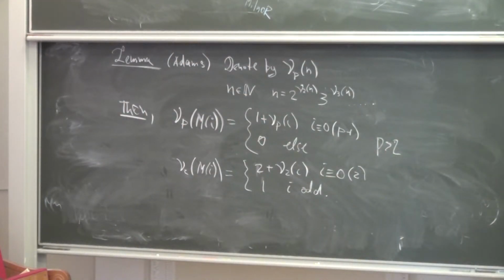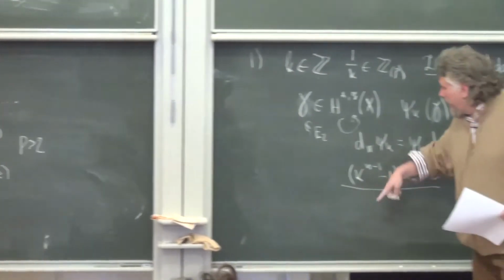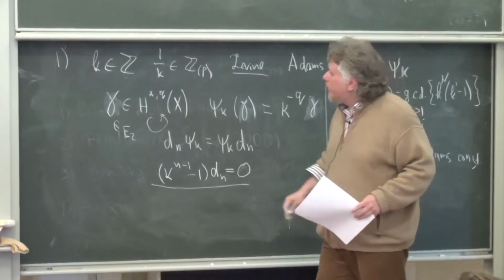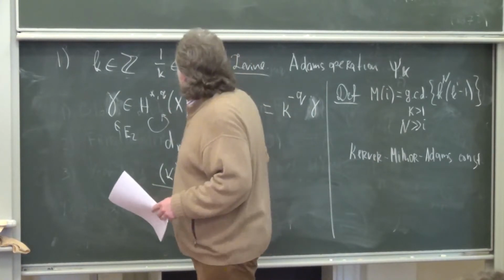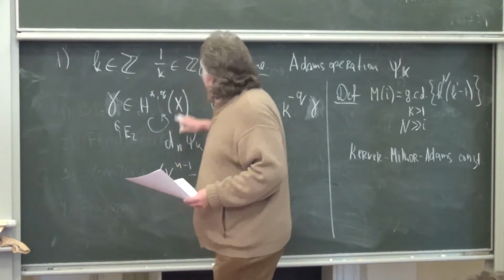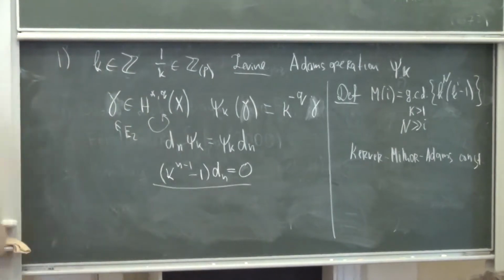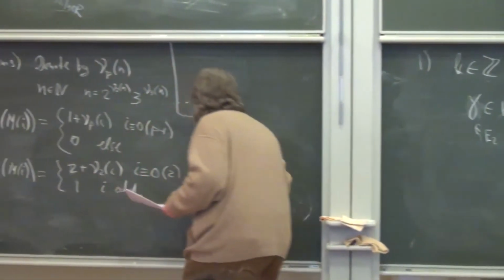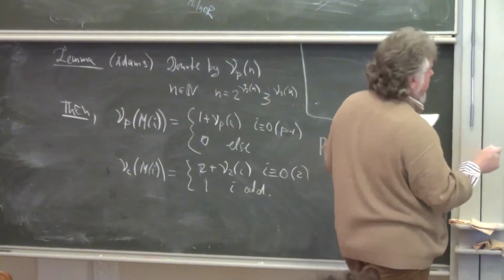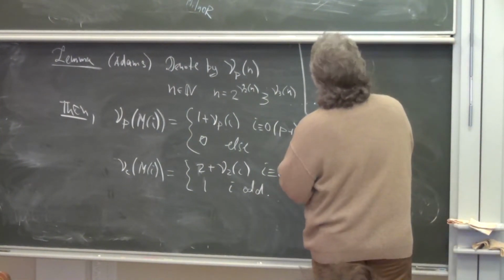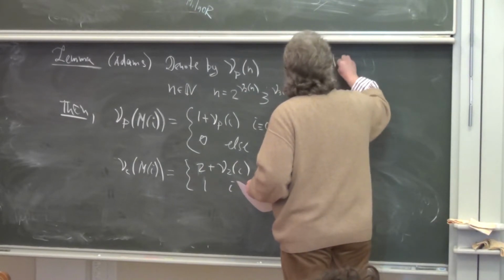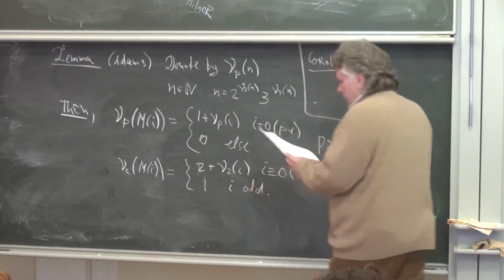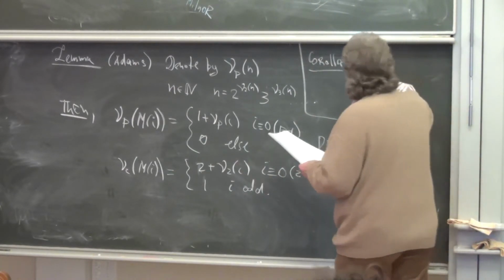So from this lemma and from this statement, we can vary the number k, since this is an almost arbitrary number with very little restriction. So we can get the following corollary.